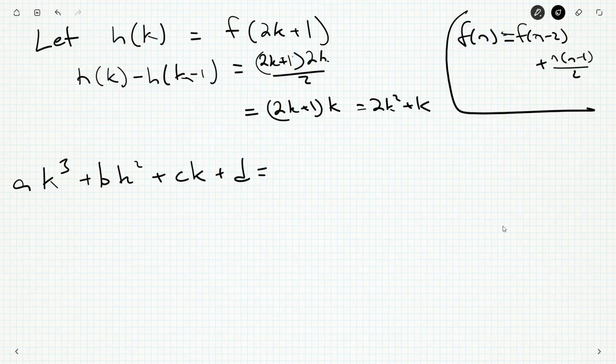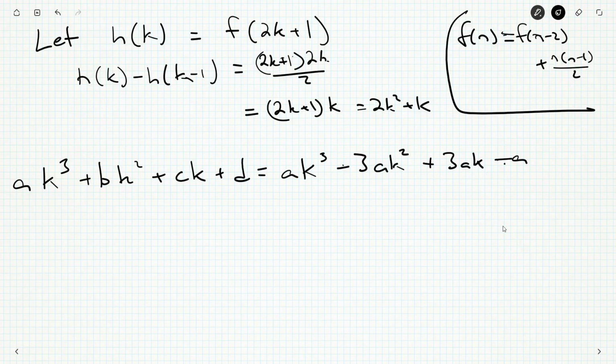Again, so that'll be a k cubed plus 3ak squared minus 3ak squared plus 3ak minus 1 minus a, sorry.